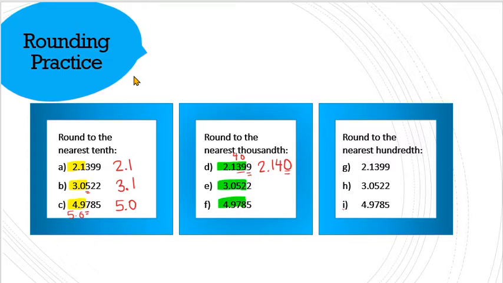So we don't just drop it, because then it would be rounded to the second decimal place, and that doesn't imply the same thing necessarily. Looking at E, the 2 describes the behavior of the other 2, and we get 3.052 because it stays. And looking at F, the 5 is going to tell us what the 8 to the left of it does. It's going to go up, so we're going to have 4.979.